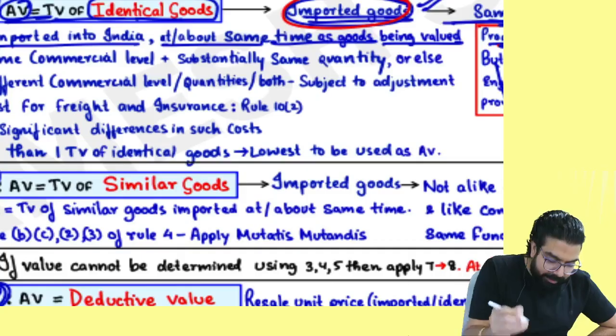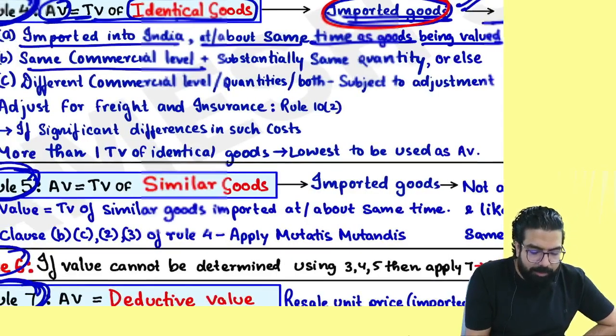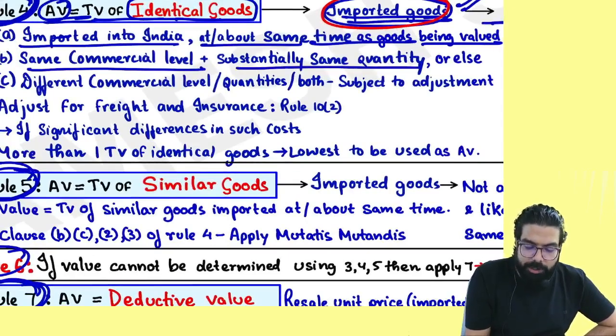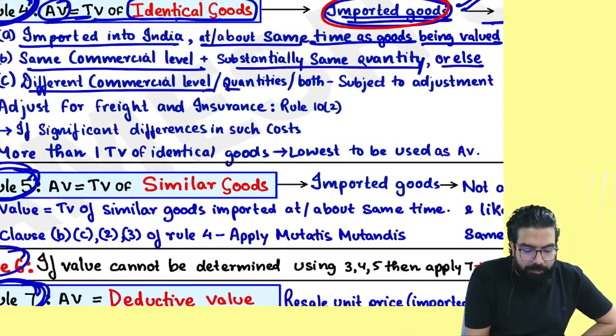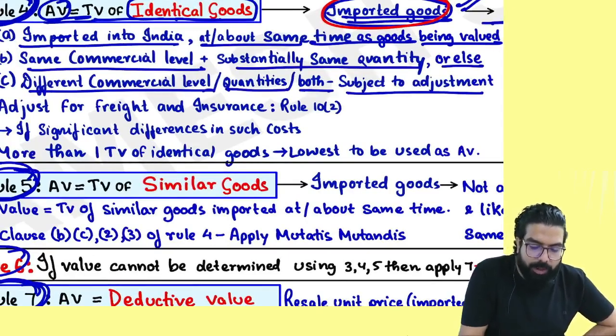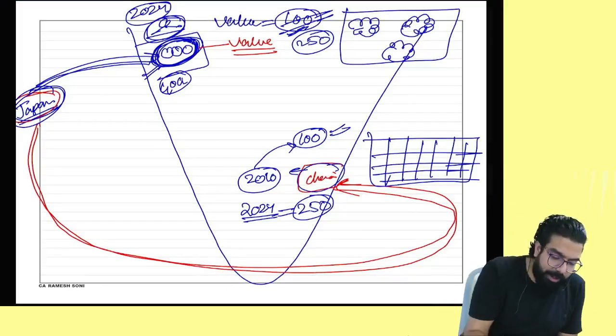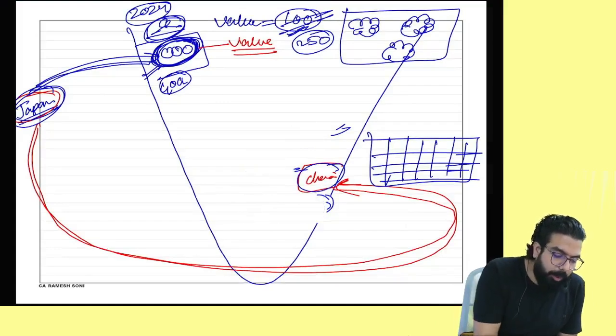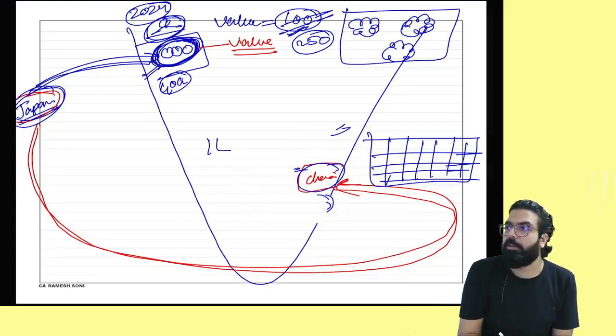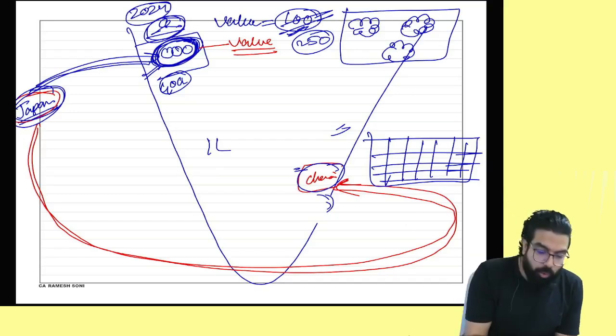Now just imagine, it is telling over here, same commercial level and substantially the same quantity, or else different commercial level or quantity or both, then subject to adjustment. For an example, this person in Chennai imported the lungis. Everyone listen. He imported 1 lakh lungis. So what happened?